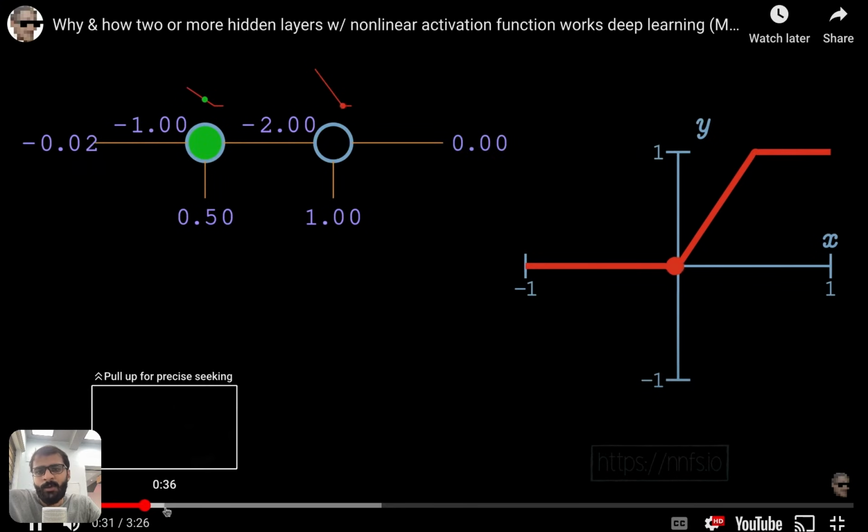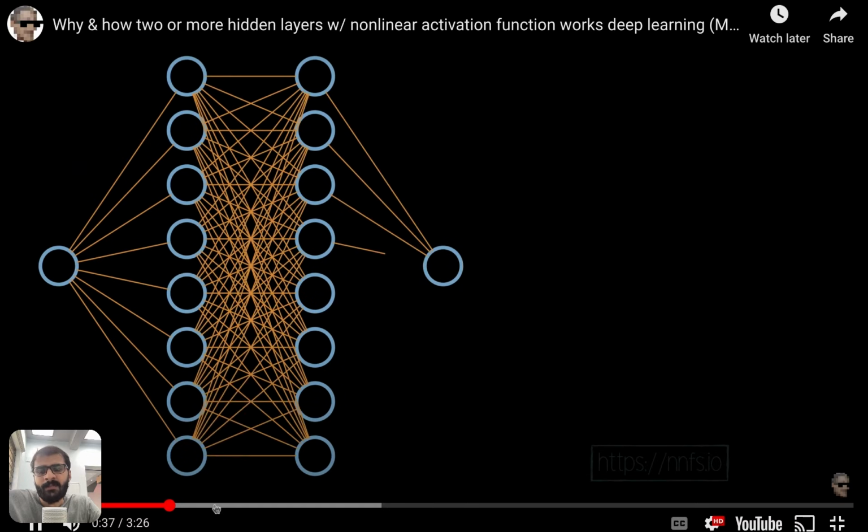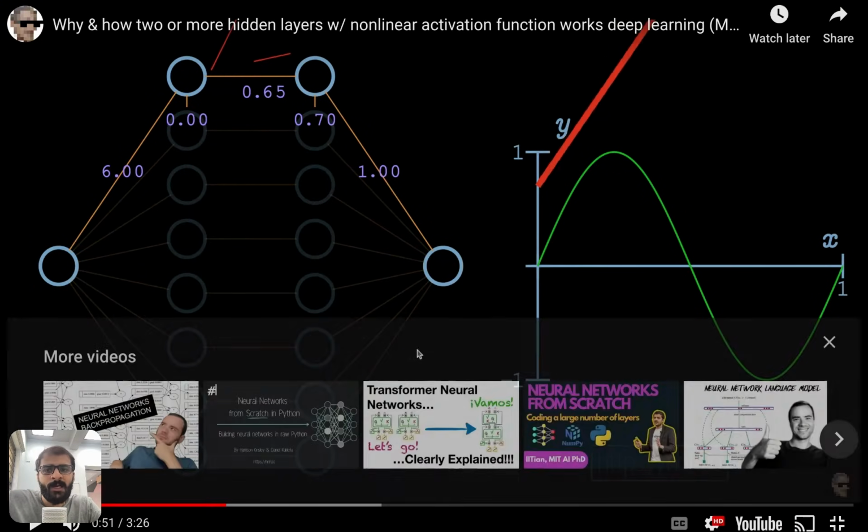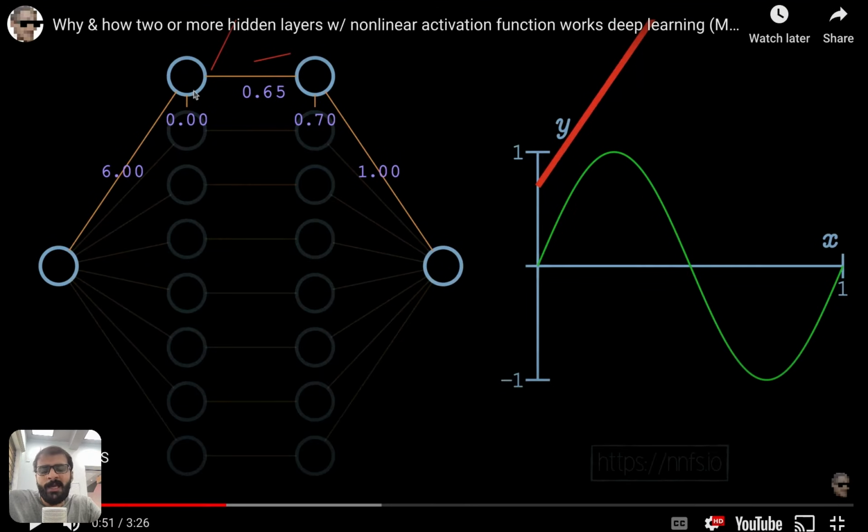Now slowly we'll be going to the point where we'll be approximating the sine function. Okay, so look at this right now. So currently we only have two neurons and we are adjusting the weights, and the red line is what we have from the ReLU function right now, and the green line is the underlying data which we wish to approximate.